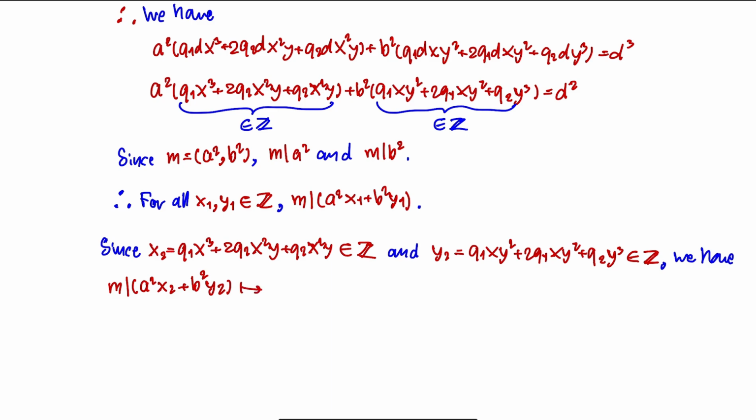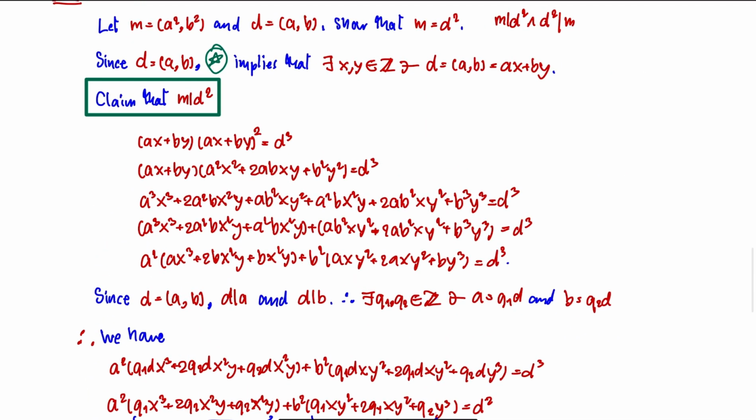That means that this term is d squared, right? So we're gonna have m divides d squared, okay? Therefore m now divides d squared, okay? So we proved this claim already, m divides d squared.